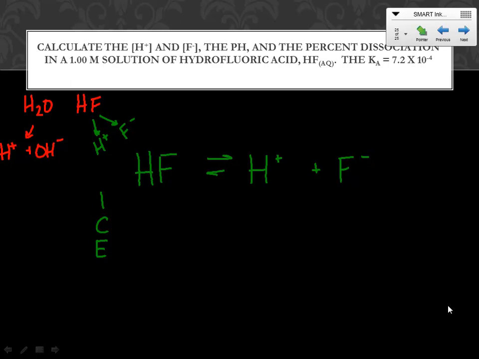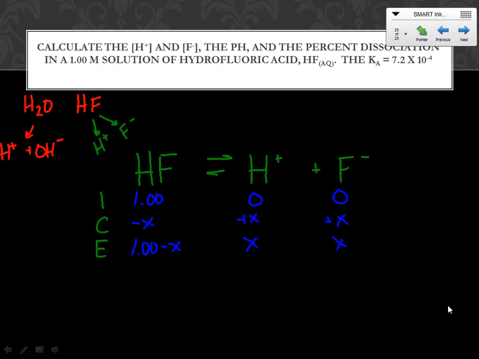All right, so what we assume is that our initial concentration of the HF is that 1 molar that's given in the problem. And before it gets dissociated, we'll assume we've got a 0 and a 0. So we're going to have a negative X, plus X, plus X. So we're going to have 1.00 minus X, X, and X. Okay? So there's our change.